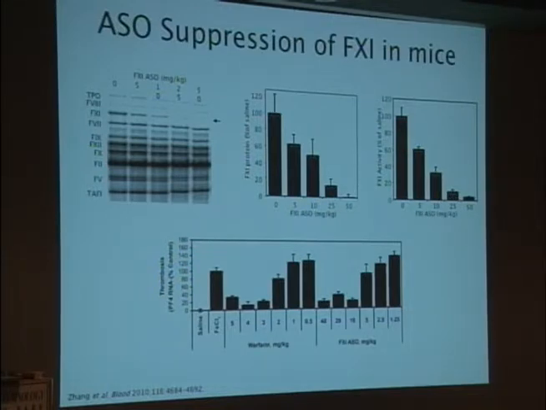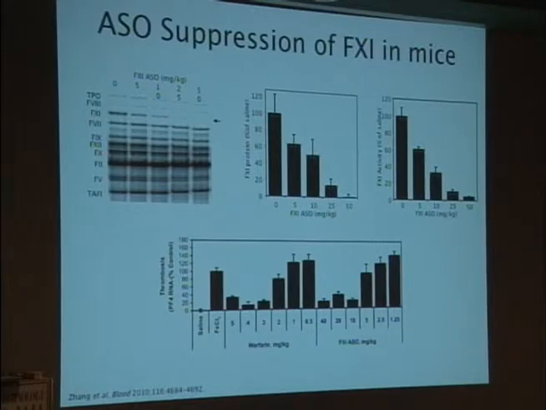If you look in a thrombosis model, and I think this particular model might be a venous thrombosis model where we're trying to assess the volume by measuring platelet factor 4 RNA, what you can see is that when you get down to a level of about 40 to 50% of the normal factor 11, you start to see an antithrombotic phenotype. This has also been reproduced in cynomolgus monkeys. So you don't have to have a complete inhibition or complete loss of factor 11 in order to get a beneficial effect.